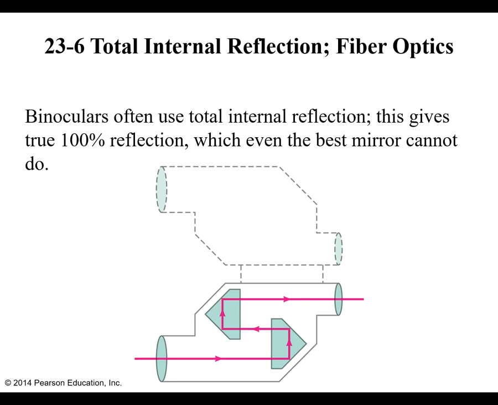But if you can arrange mirrors such that they're above the critical angle, then you get total internal reflection. Then you do get 100% reflection. You don't get any loss at all. And so often in things like telescopes, they use mirrors and total internal reflection to maximize the amount of light.